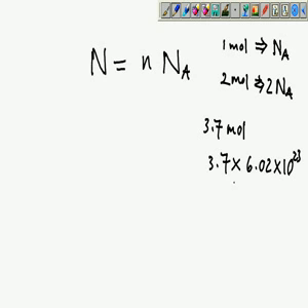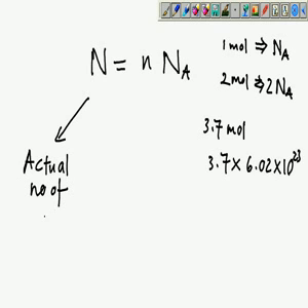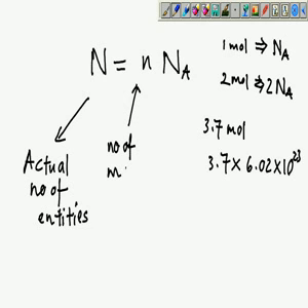Is this representing the actual number of entity? Okay, this entity could be atoms or molecule. This one is the number of mole, and this is Avogadro's number, constant.